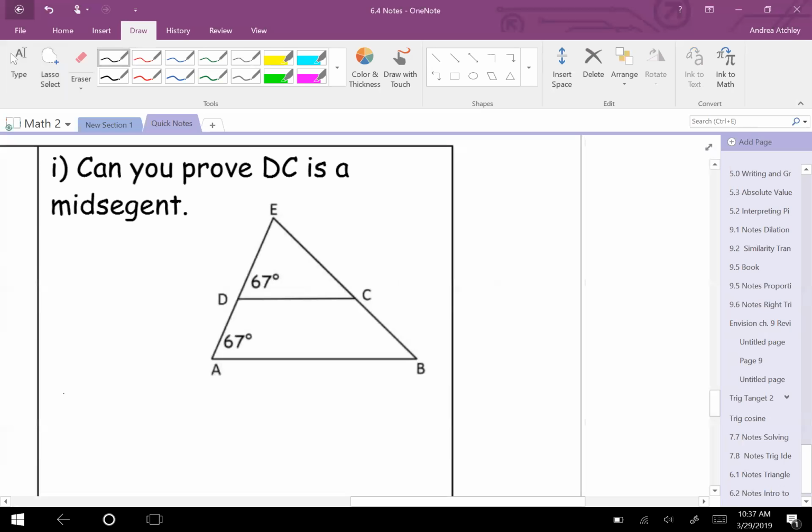So I can say that DC is parallel to AB because I have these angles. If this is hard for you to see, you can maybe extend those lines to make them parallel lines, and this is the transversal for it.